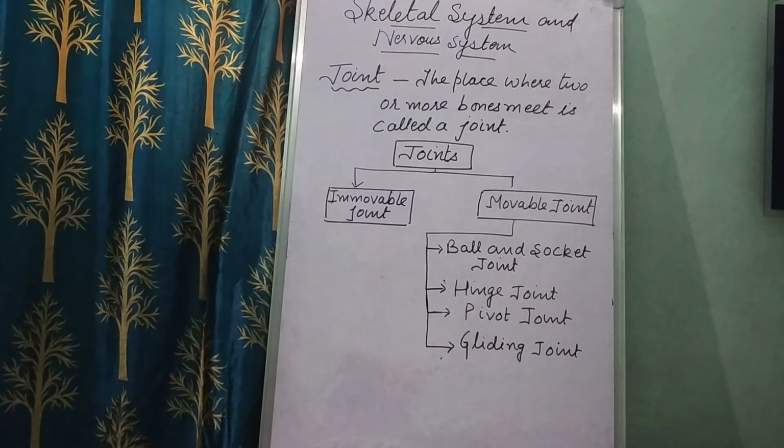It is a place where two or more bones meet and it also allows movement in different body parts. So there are four types of movable joint. First is the ball and socket joint, second is the hinge joint, third is the pivot joint, and the fourth is the gliding joint. Okay, so let's study the first type of movable joint.